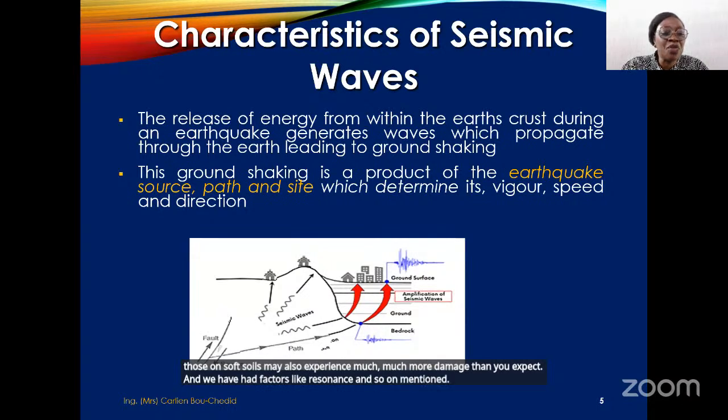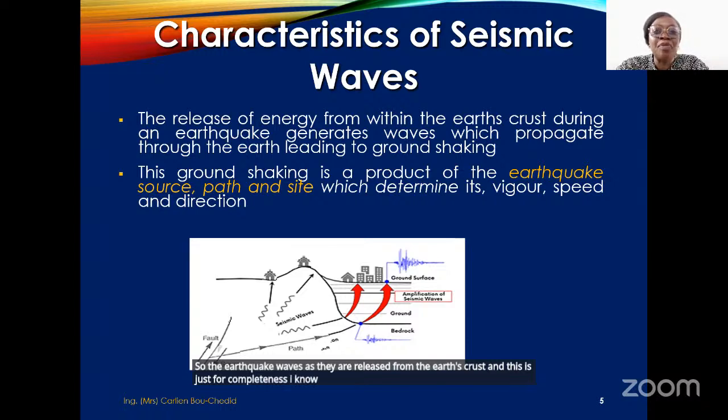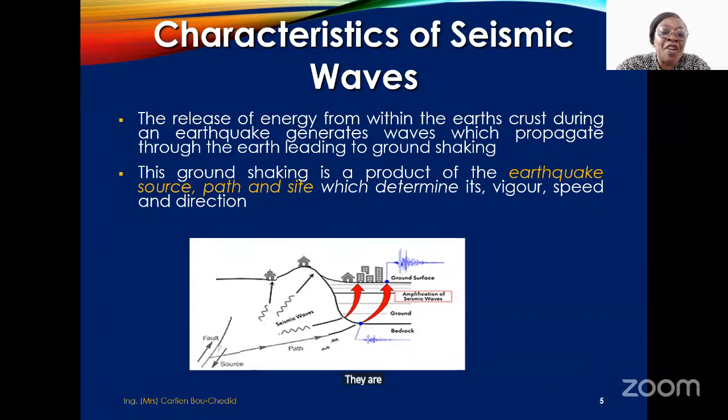So the earthquake waves, as they are released from the Earth's crust, and this is just for completeness, I know we have gone through this, generate waves which propagate through the ground, and as they propagate through the ground, they are affected by the type of path through which they are passing.